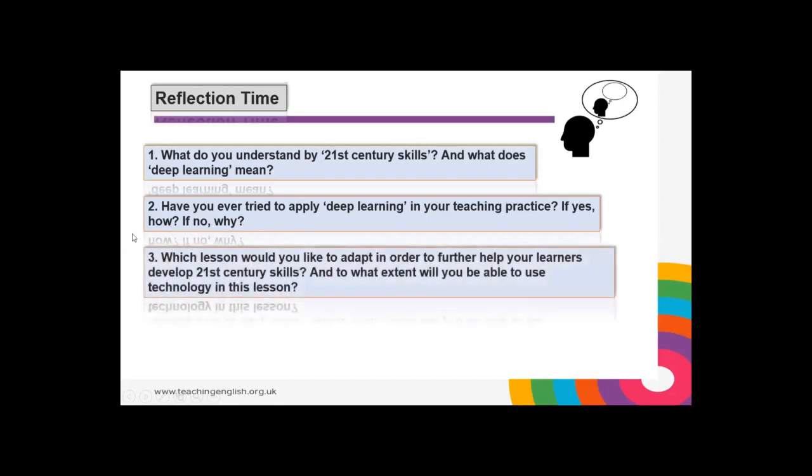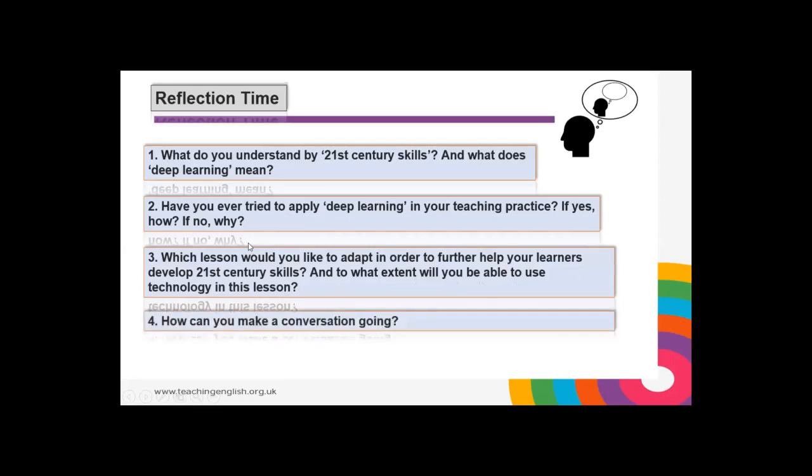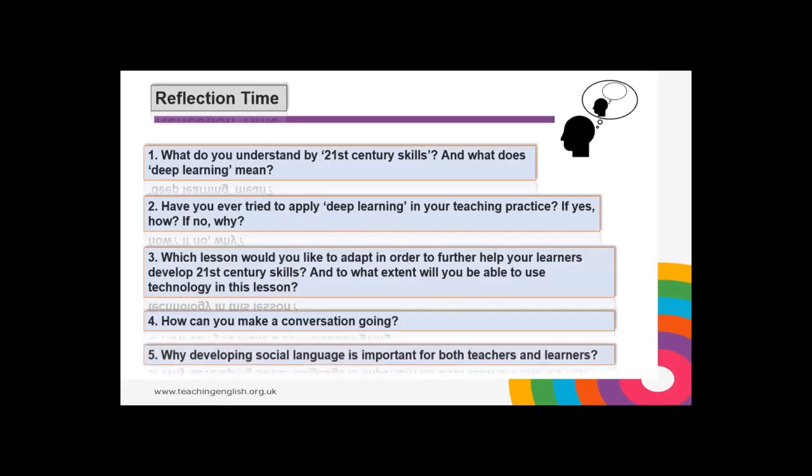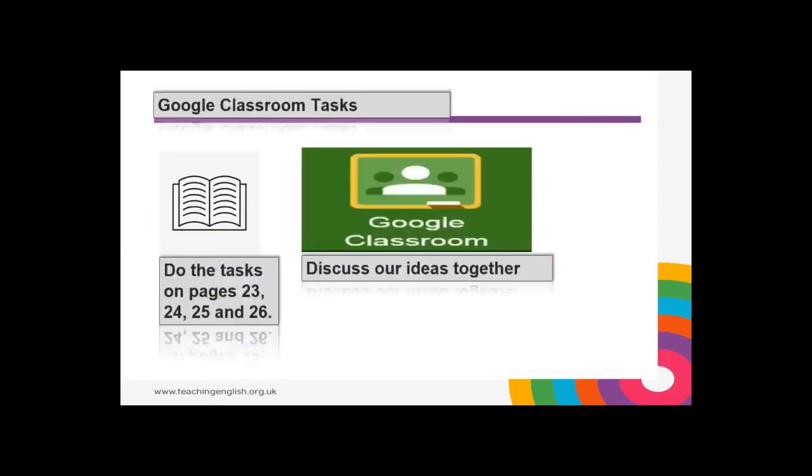We talked about which lesson you would like to adapt to further help your learners develop 21st century skills, and to what extent you will be able to use technology in this lesson. How can you keep a conversation going or build a conversation? Why is developing social language important for both teachers and learners?